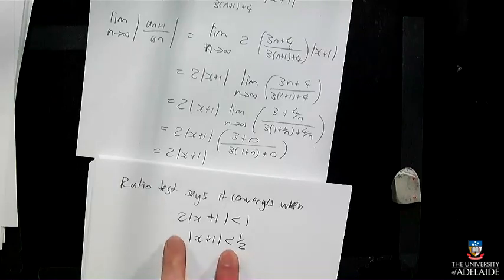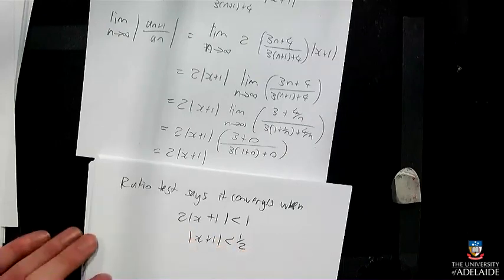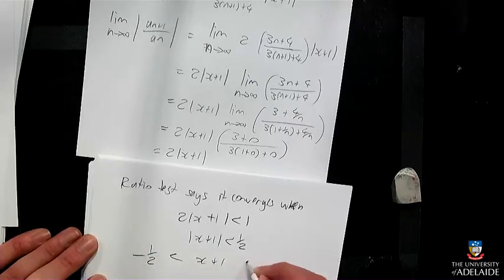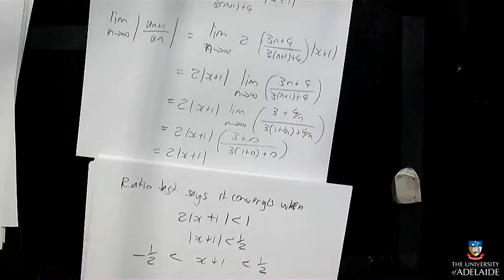So once you've gotten it as absolute value of x plus or minus something, this bit is a half. But we also have that this thing must be between plus and minus a half, because that's what happens when you have an absolute value less than a number.